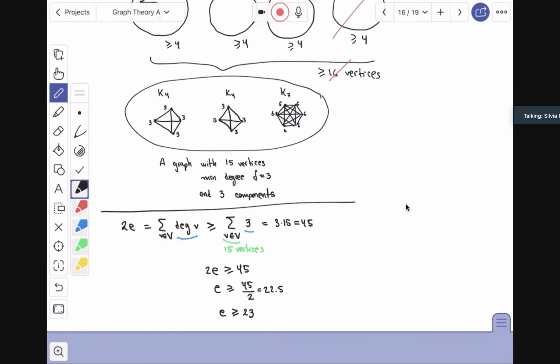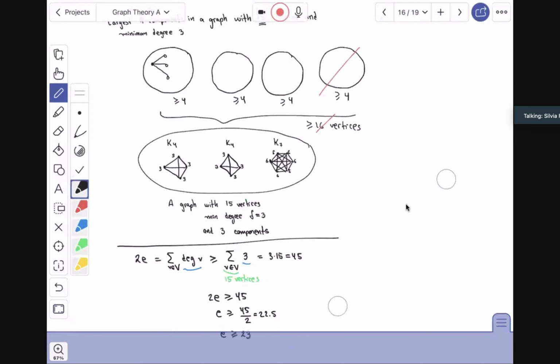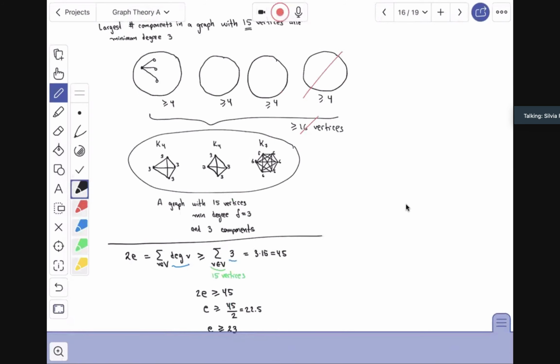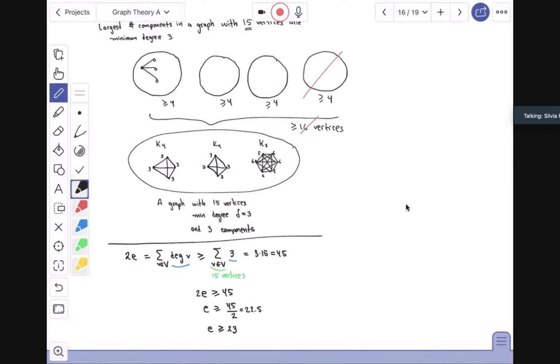But maybe for other problems, if they ask you, for example, what's the smallest number of edges that a graph with 15 vertices and minimum degree 3 can have, then you would say the smallest number is 23. You will still need to find a graph that actually has 23 edges. But anyways, you see, it gives you a bound on the number of edges.